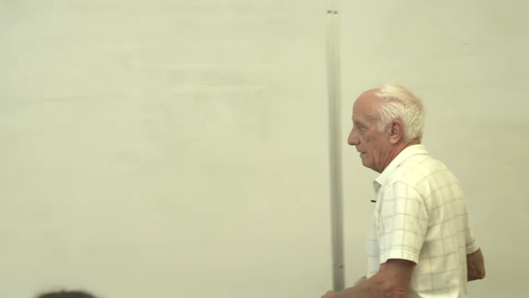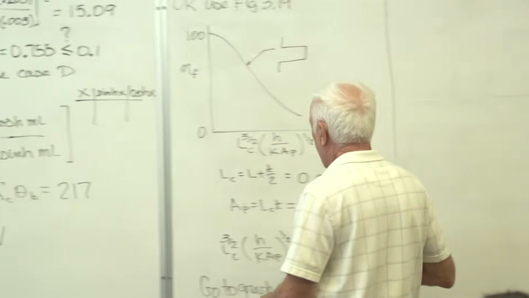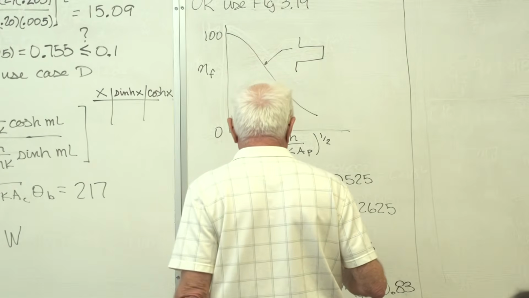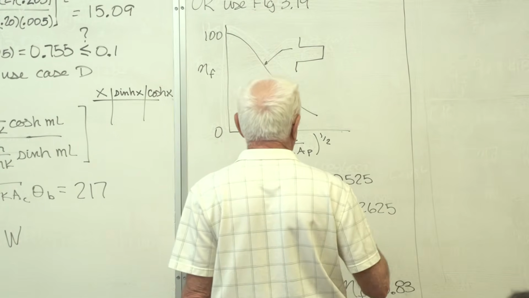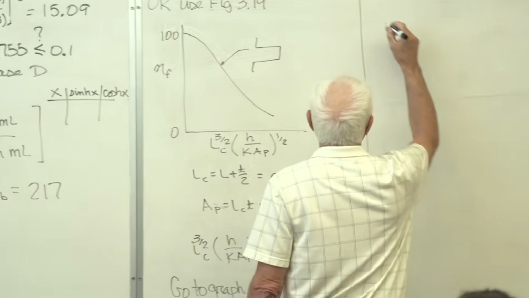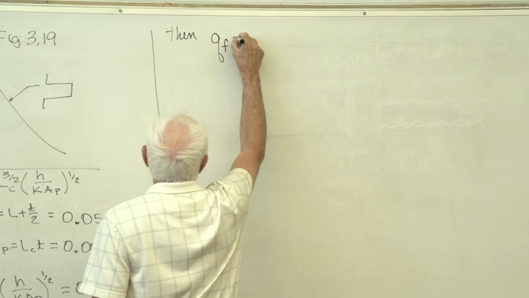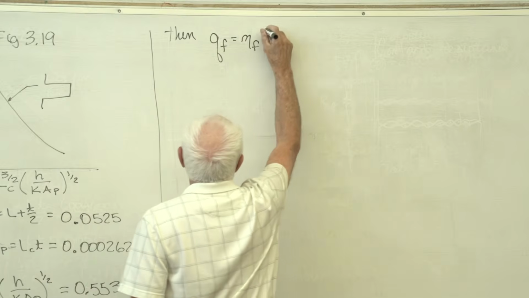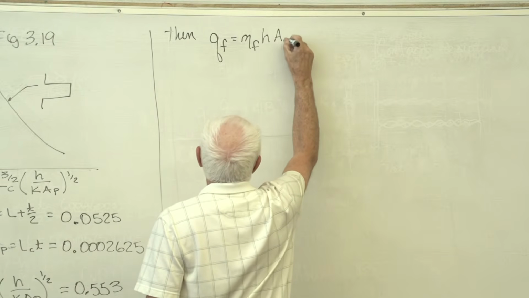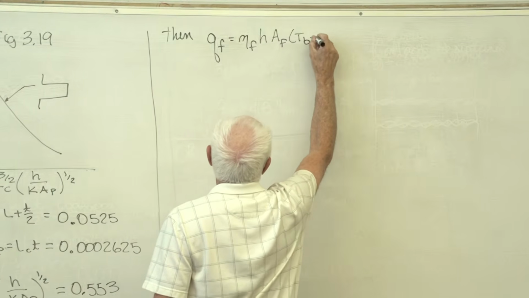So put it in there: Q F equals eta F, h, A fin, T base minus T infinity.